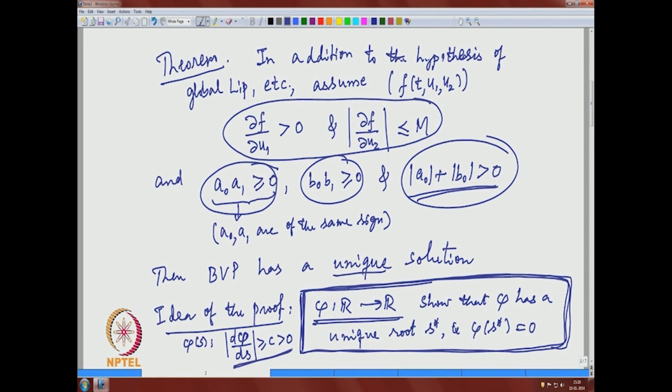That is where we use one dimensional calculus, using this hypothesis to show that d phi by ds is bounded away from 0, and then the calculus lemma will give us the unique root, and that will prove that the BVP has a unique solution. So, we will see next time. Thank you.